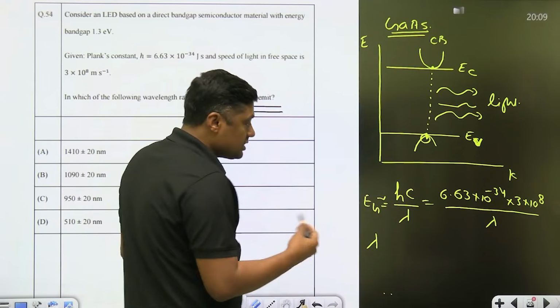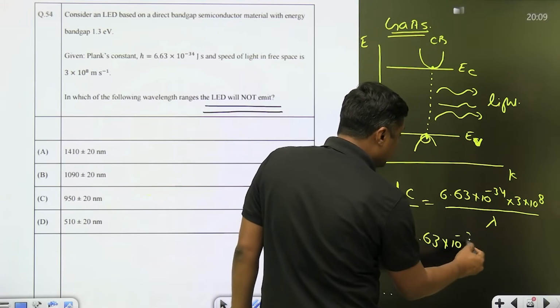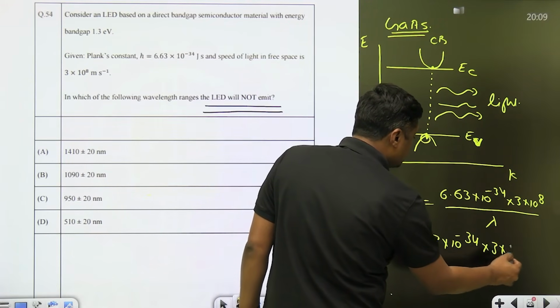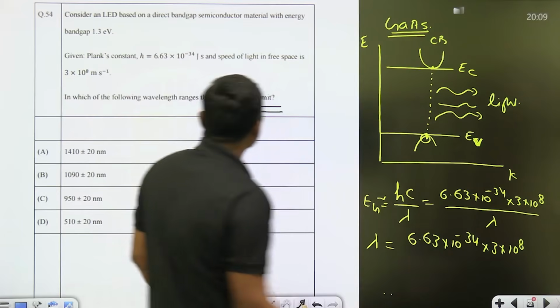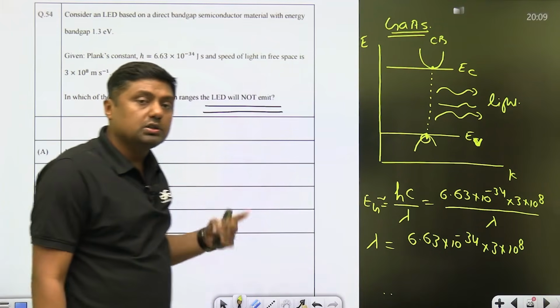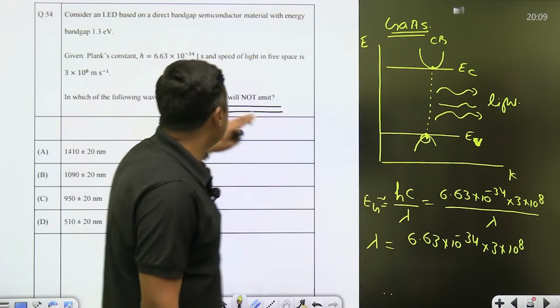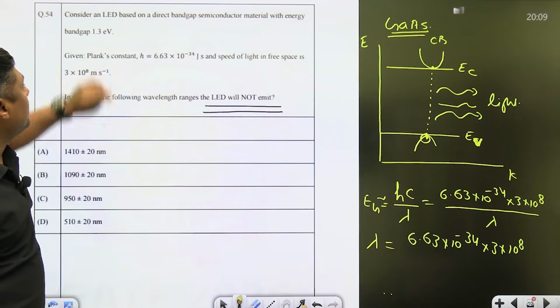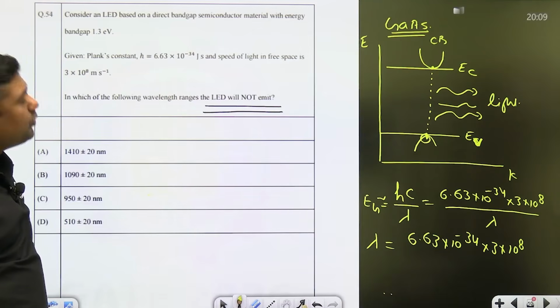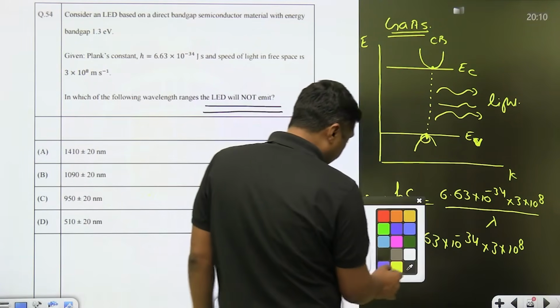The wavelength of this light is approximately 6.63 into 10 raised to power minus 34 into 3 into 10 raised to power 8. But remember, the unit here is joule second, and you have to convert the joule into electron volt, because the energy gap given is 1.3 electron volt. Or you can convert 1.3 electron volt into joule. Both are correct.